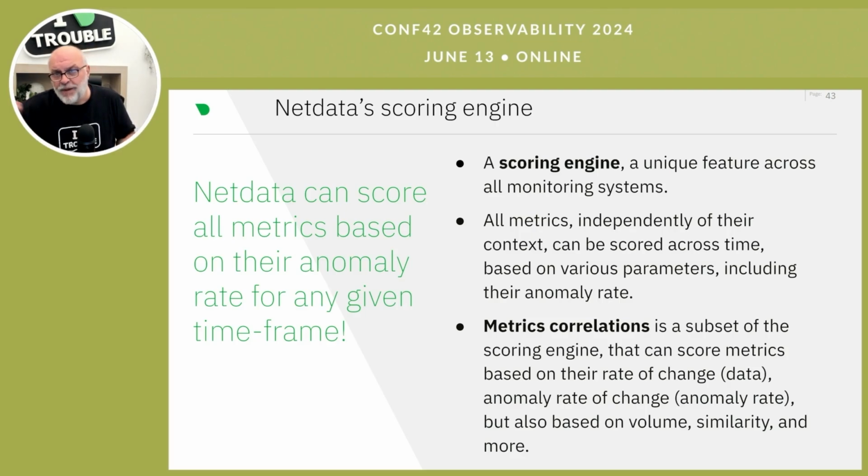The scoring engine goes through all metrics and scores them according to an algorithm. So let's assume that you see a spike or a dive on the dashboard. Instead of speculating what could be wrong, and I see this dive in, I don't know, my sales. Is it the web server? Is it the database server? Is it the storage? Is it the network? Do I have retransmits? What's wrong? Instead of going through these assumptions, the scoring engine takes the window where you see the spike or the dive, so you highlight it, you give it to Netdata, and the scoring engine goes through all metrics across all your servers for that window to score them for the rate of change or the anomaly rate or whatever you ask.